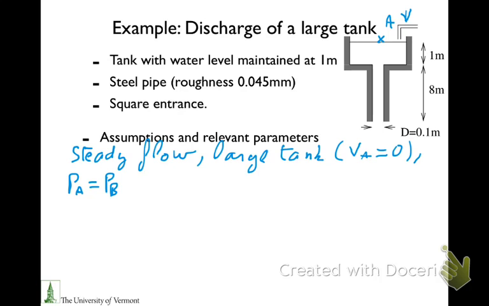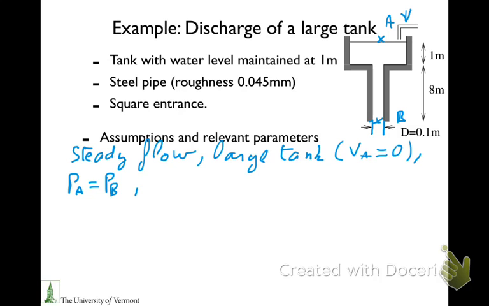PA is the atmospheric pressure, and PB is the exit pressure, also the atmospheric pressure. Because the outside of your jet is at atmospheric pressure, and you could show using the Navier-Stokes equation that the distribution of pressure is pretty much uniform inside the jet. So the pressure at B is the atmospheric pressure, and also PA.